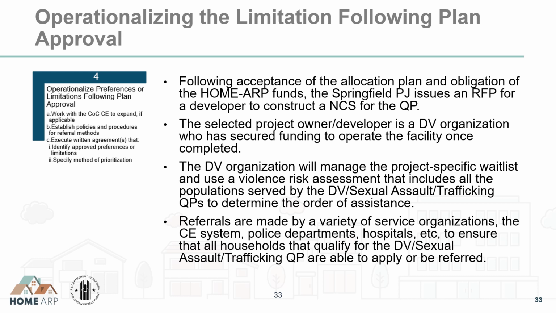The DV organization will manage the project-specific waiting list and use a violence risk assessment that includes all of the populations served by the DV Sexual Assault Trafficking QP to determine the order of assistance. Referrals are made by a variety of service organizations, the coordinated entry system, police departments, and hospitals, as well as community providers to ensure that all households that qualify for the DV Sexual Assault Trafficking QP are able to apply or be referred.